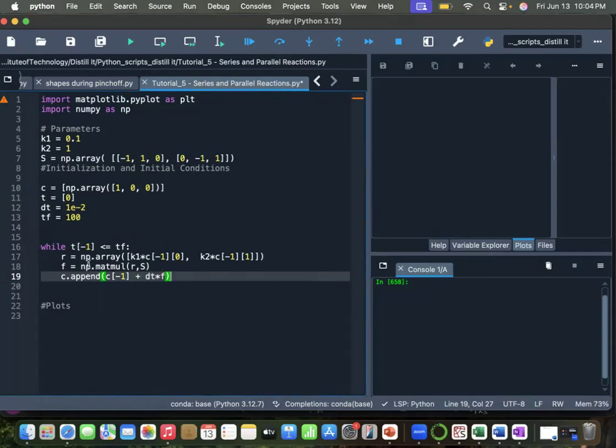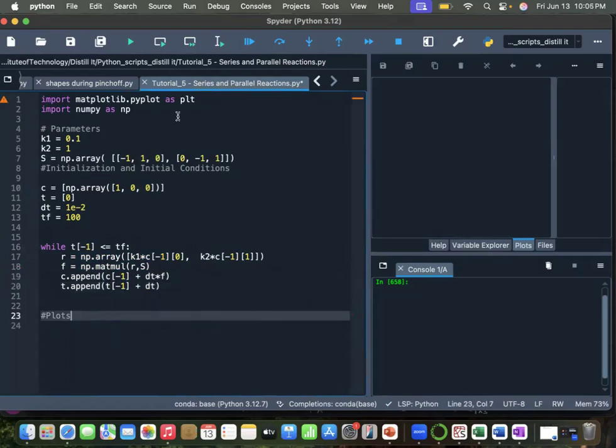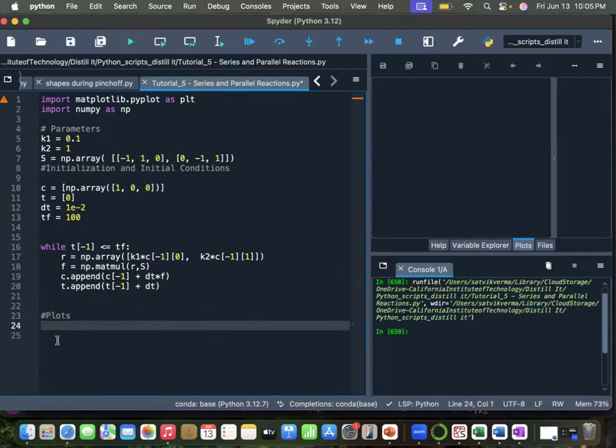That's it. So this basically is F evaluated at the previous iteration, and that's it, right? And now C has been appended, and we could also append the time array over here. So t minus 1 plus dt, and that's it. So that's the solution, and we could now plot this thing.